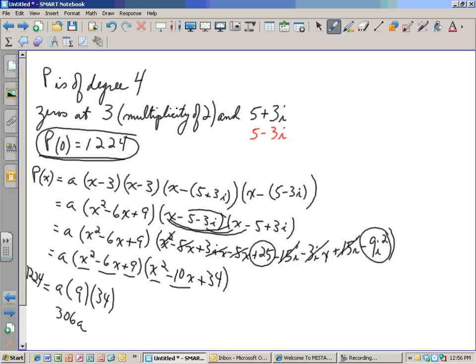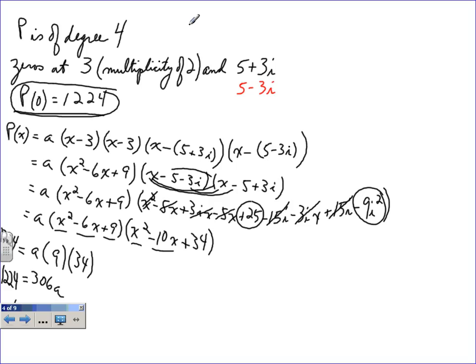A equals 1224 over 306. A equals 4. That means that my equation then is 4 times x squared minus 6x plus 9 times x squared minus 10x plus 34.